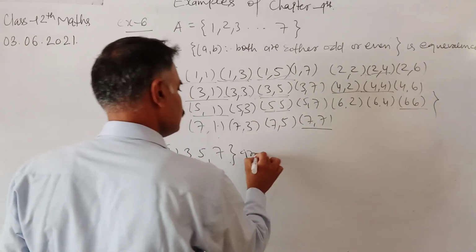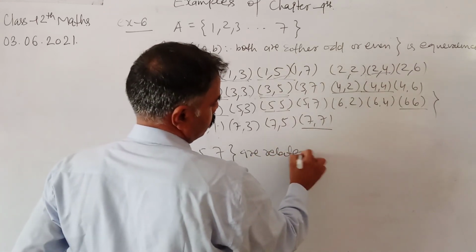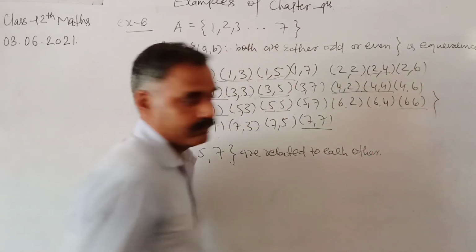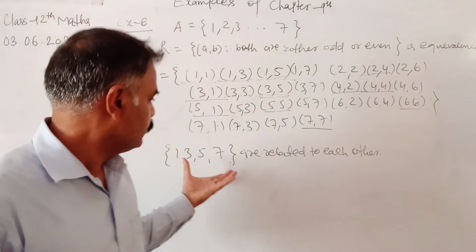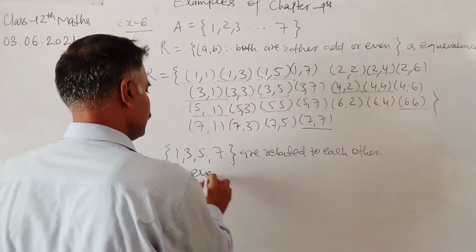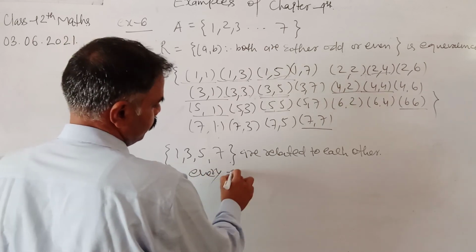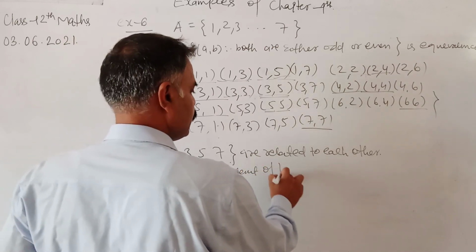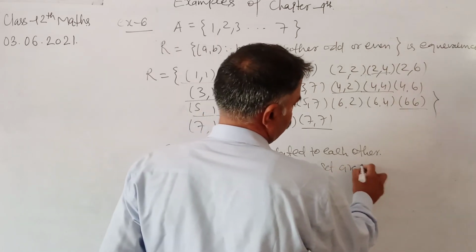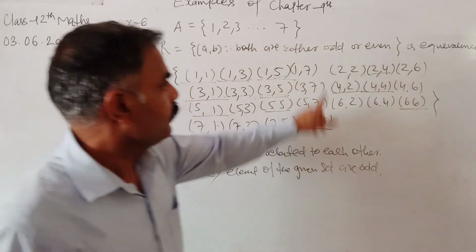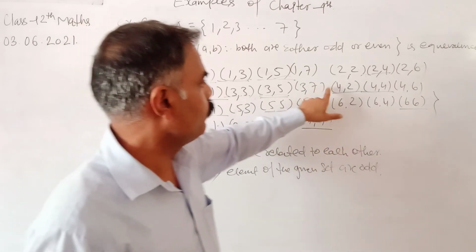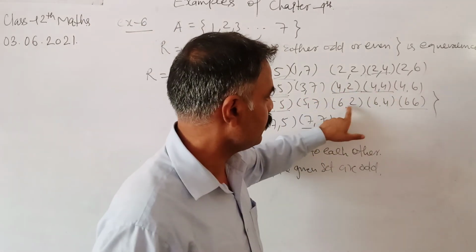Why? Because every element of the given set is an odd number. Similarly, 2 is related to 2, 4, 6, and 4 is related to 2, 4, 6, and 6 is related to 2, 4, 6.